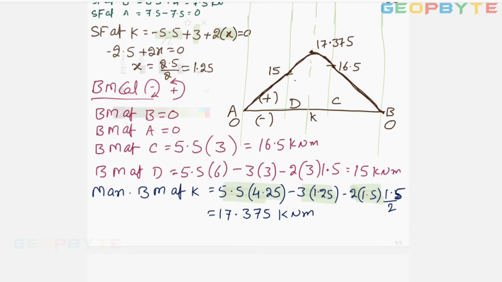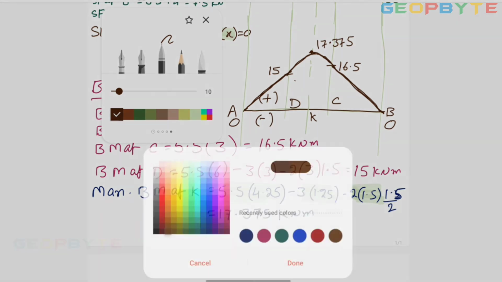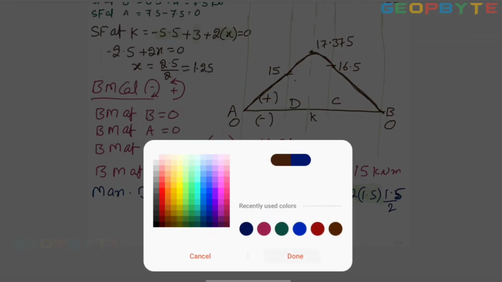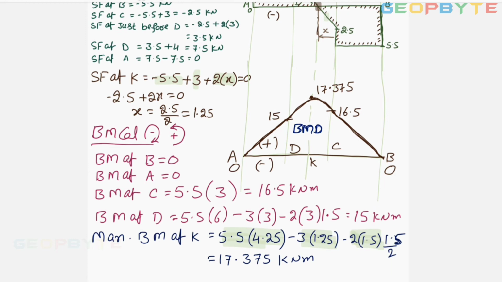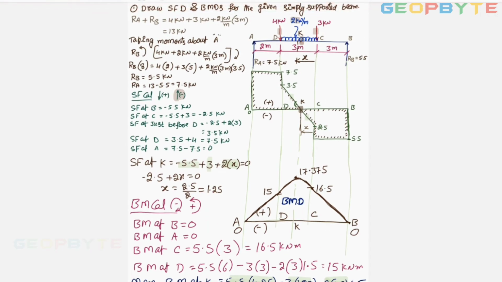So this is the, let me take another color, BM diagram. I am trying to write very clearly for avoiding the confusion. Okay, so this is how the SFD and BMD can be constructed for the given simply supported beam with 2 point loads and one UDL.